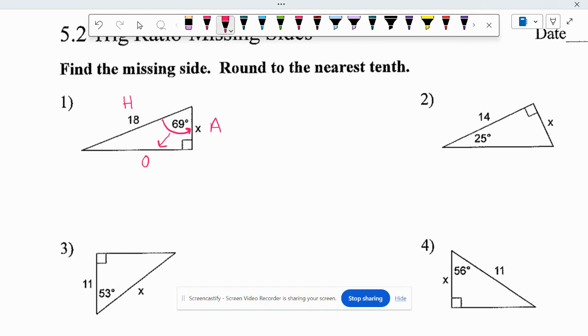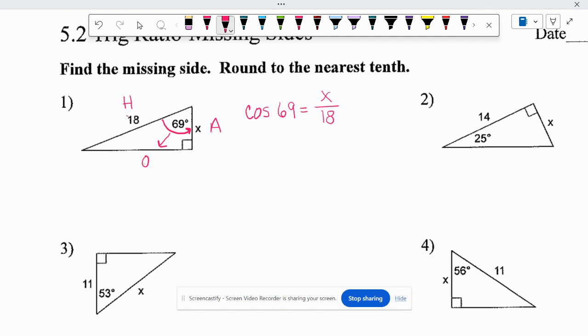Okay? So the cosine, because adjacent and hypotenuse is cosine. So the cosine of 69 equals the adjacent over the hypotenuse. We are solving for x. We're trying to figure out the missing side.